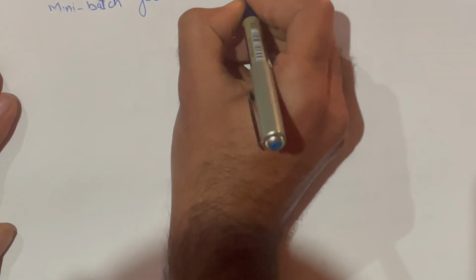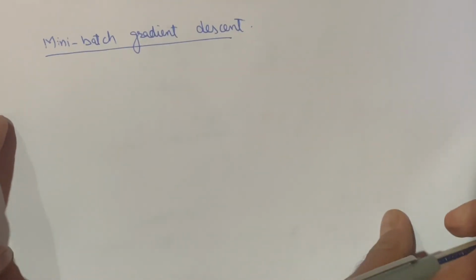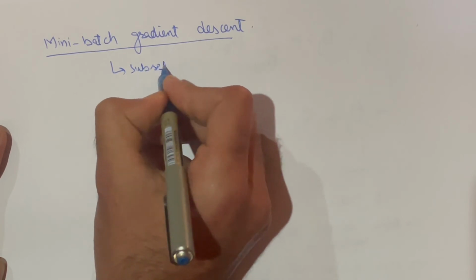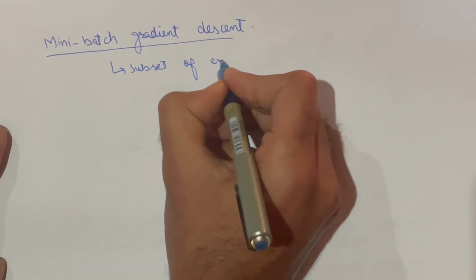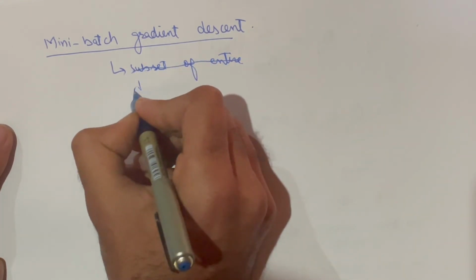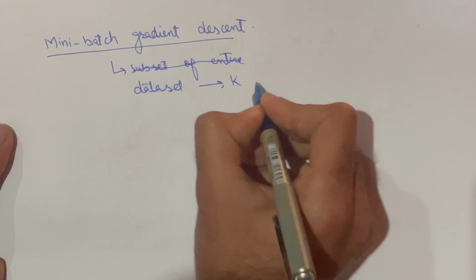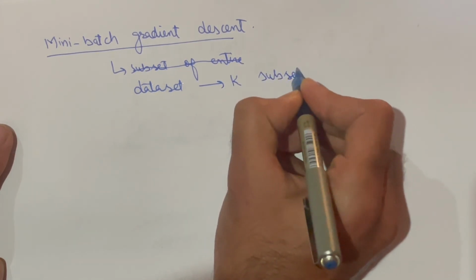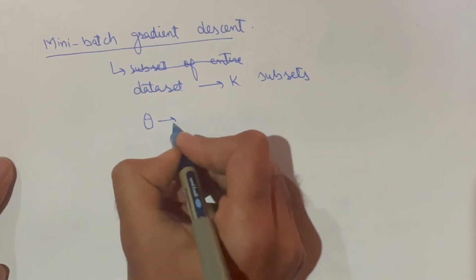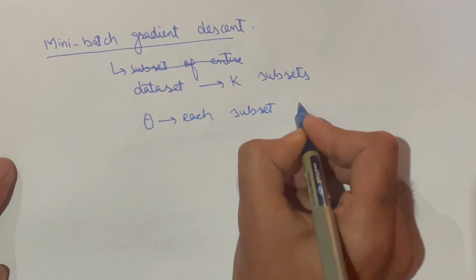Instead of taking the entire data set, we take one subset of it. We divide the data set, let's suppose, into k subsets, and then do the updates to theta using each subset randomly.